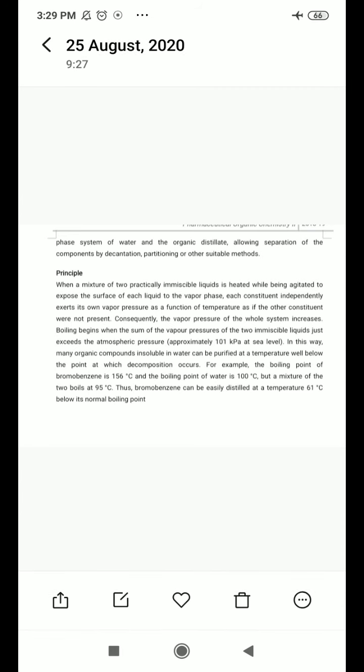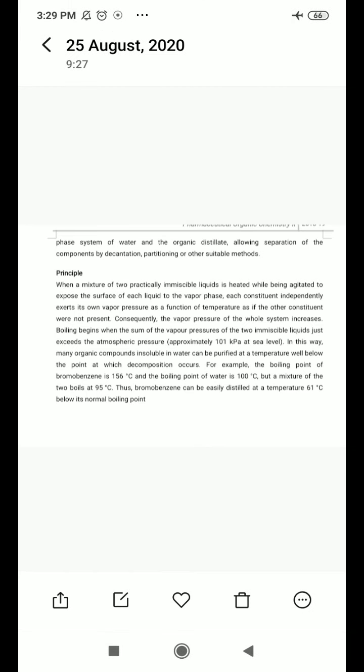Bromobenzene has a boiling point of 150 degrees Celsius, but it can be separated using this steam distillation process at a low temperature, 61 degrees Celsius, which is very low compared to 150 degrees Celsius. Okay, these are the important applications.